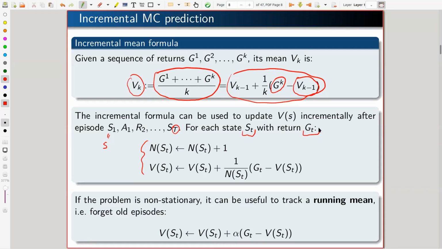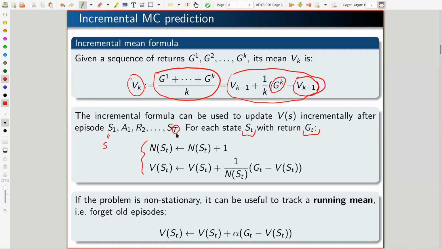In every state, I have a return. Okay, this is important. Maybe it's not evident. When I do an episode from S, the total sum of the rewards is the return of S. But if I start from the second state, the partial sum of the rewards from that state on is the total return for that state.